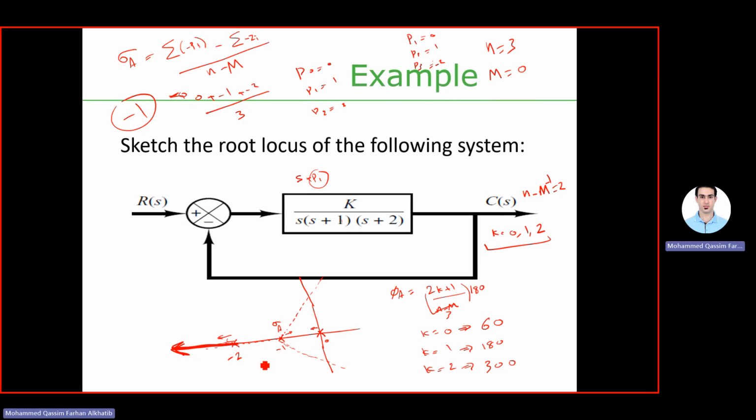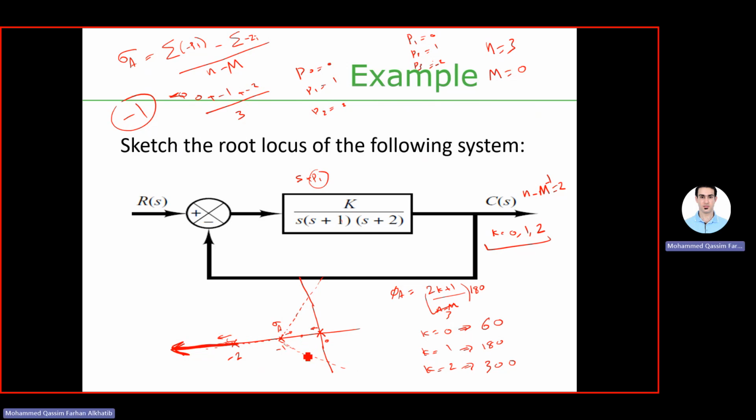All right, what other components do I need? Breakaway point. The point where they will intersect. I know that this pole will be moving to the left and this pole will be moving to the right.